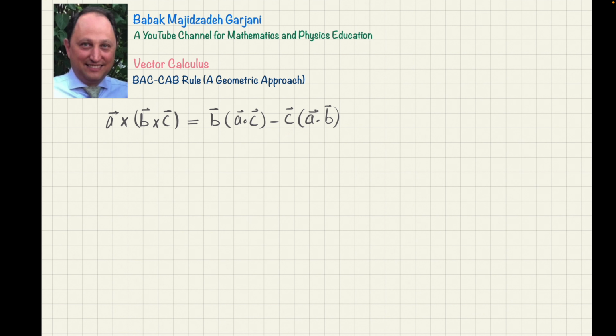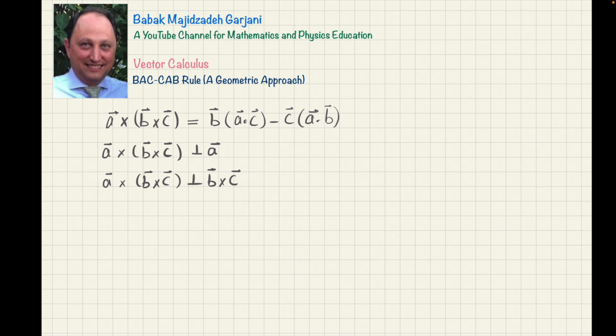Why is that? Because if I ask you what is A cross B cross C, you will definitely tell me this is a vector which is perpendicular to A, because that's the cross product of 2 vectors, one of them is A, so definitely it is perpendicular to A. And on the other hand, this vector is also perpendicular to B cross C itself.